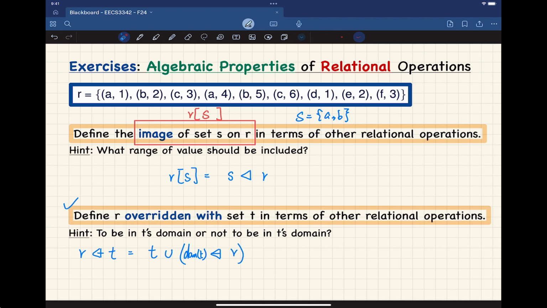Anybody? So think about this. When we talk about relational image, is that a single set of elements or is that more like a relation? You may want to review and make sure you understand that, because you might need to use it for your programming test.